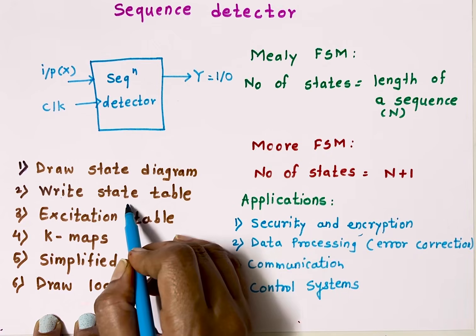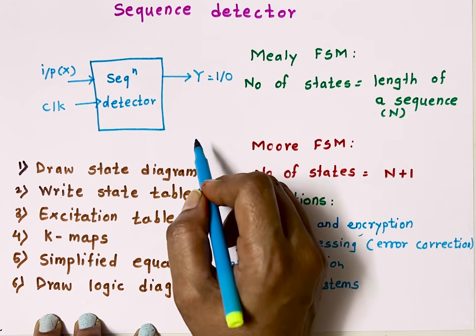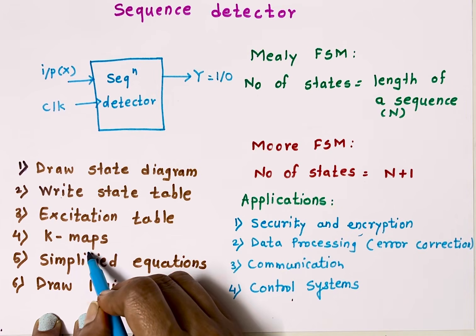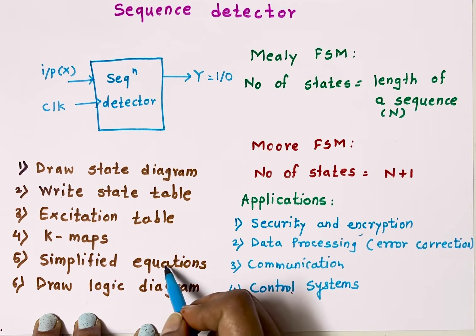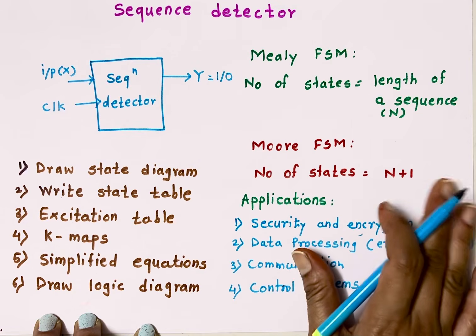From that state table, by using the excitation table, you need to identify the inputs to the flip-flops, and then by putting these values into K-maps, you can find simplified equations, and based on those equations, you can draw the logic diagram.